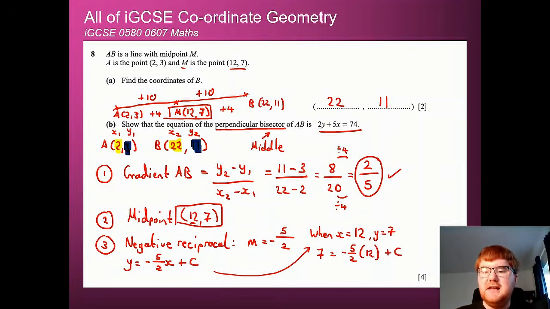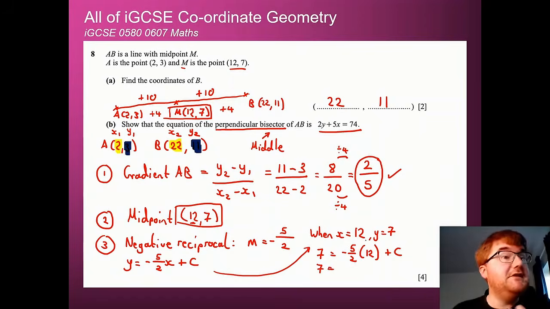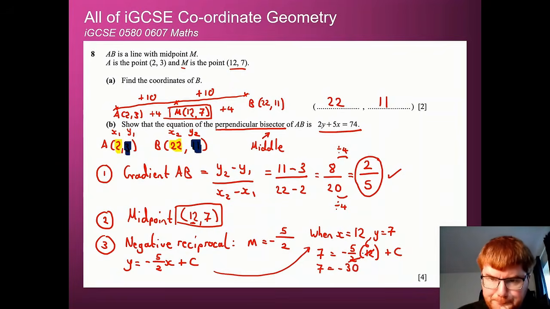And now it's a case of making c the subject. So if we do this part here, you can do this without a calculator as well. Notice that you can actually cancel here. So 12 divided by 2 is equal to 6. Minus 5 times 6 is equal to minus 30. And therefore, if we want to work out c on its own, what's the opposite of minus 30?